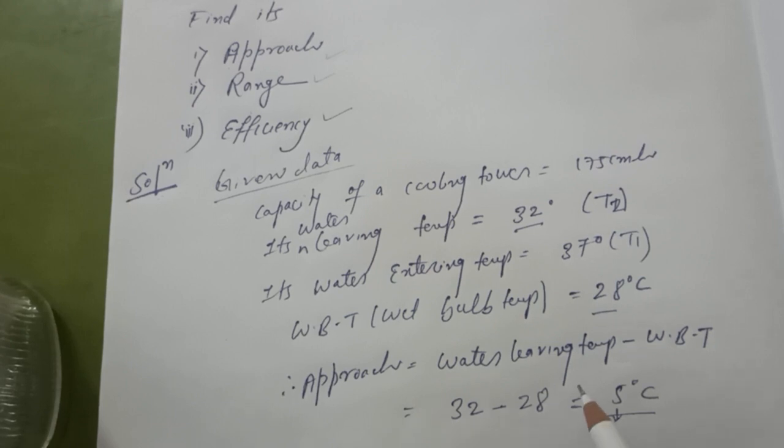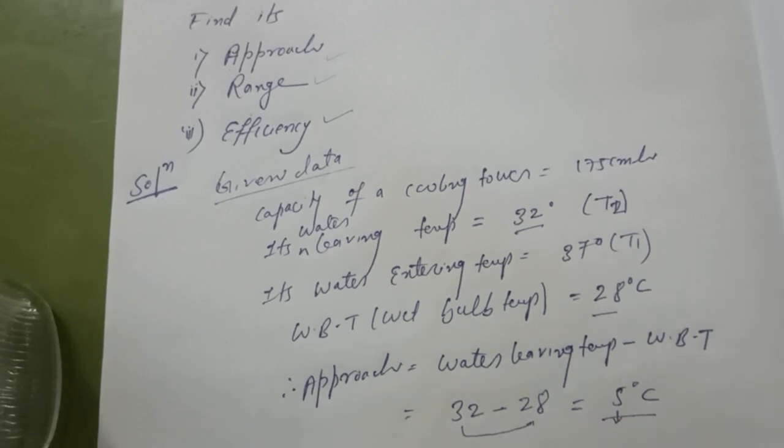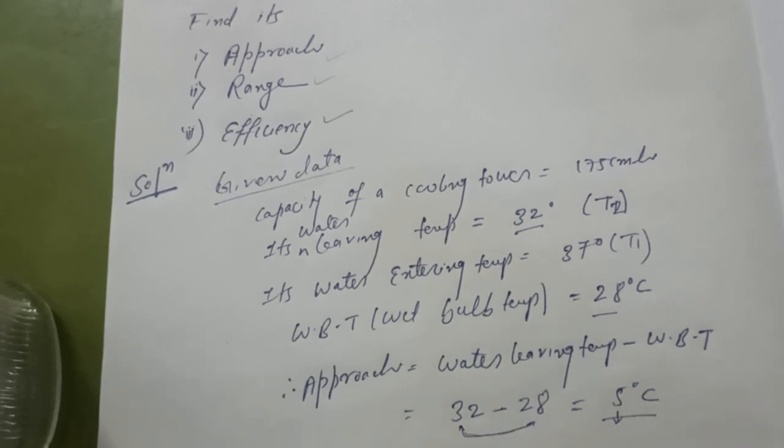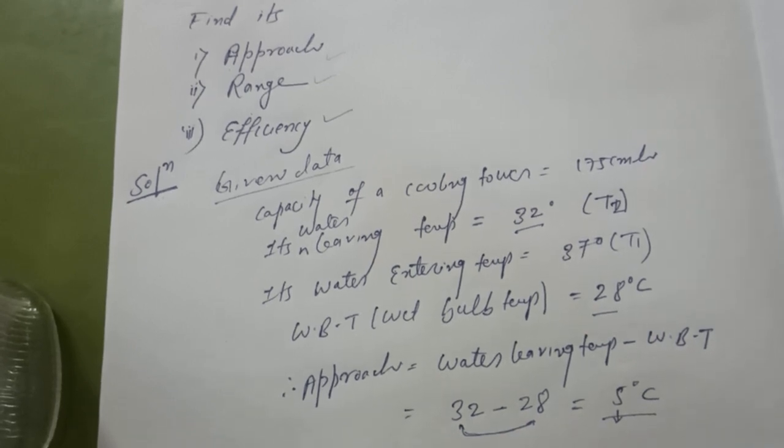The outlet temperature will correspondingly approach the WBT of the surrounding air. So this is called the approach of a cooling tower.